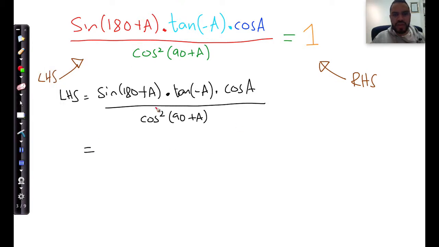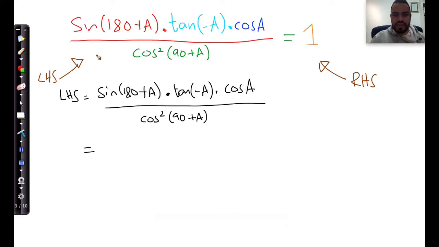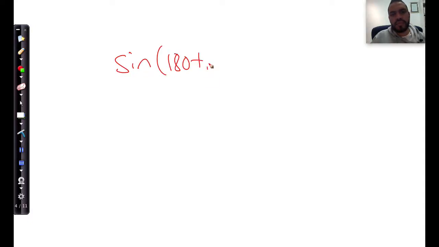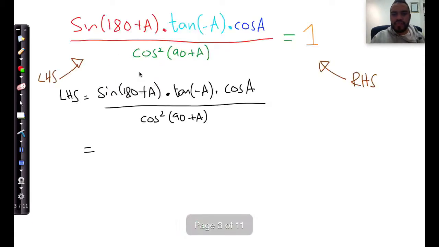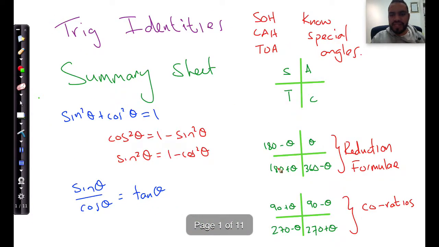Now let's say that is actually equal to, let's start off with sine of 180 plus a, and that's why I'm going to work in red, because I'm only simplifying this right now. So sine of 180 plus a, we need to identify which quadrant that is in. And if you go back to your summary sheet, 180 plus theta or plus a occurs in the third quadrant.